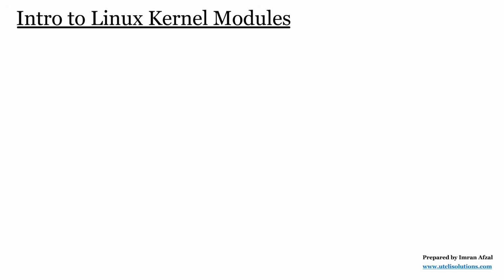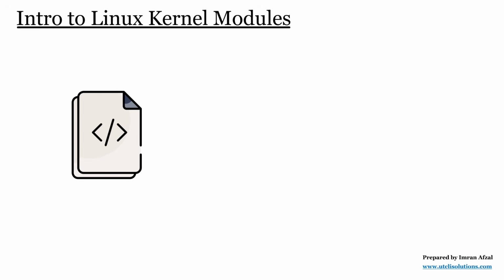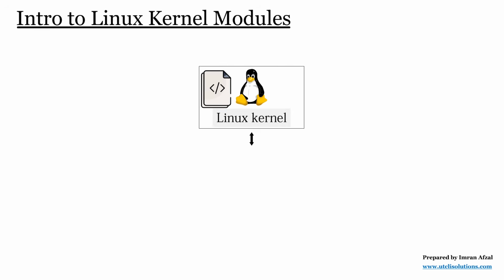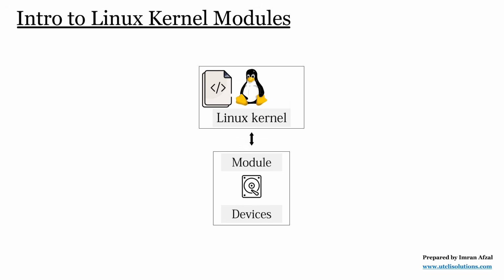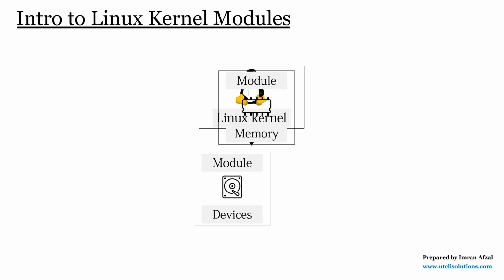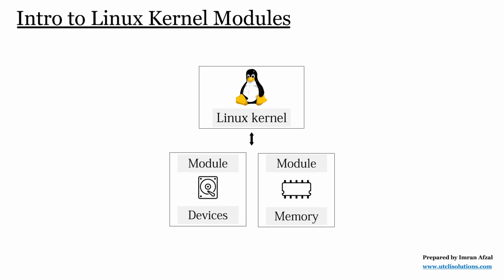A kernel module is a separate piece of code that can be added to the running kernel to provide additional functionality. Instead of being permanently built into the kernel, a module can be loaded only when it is needed. Once it is loaded, it behaves just like a built-in part of the kernel, as if it was always there.